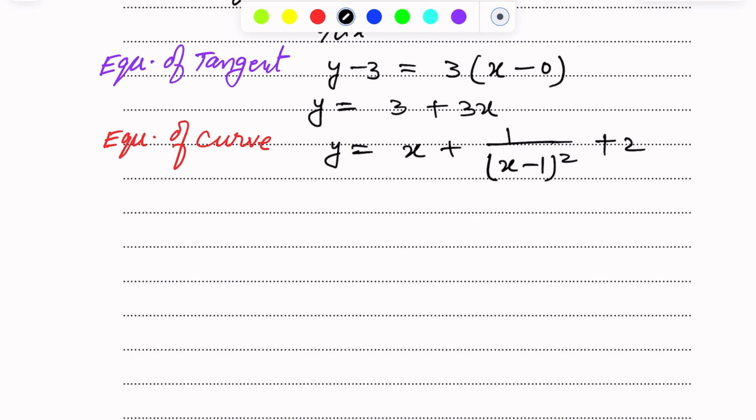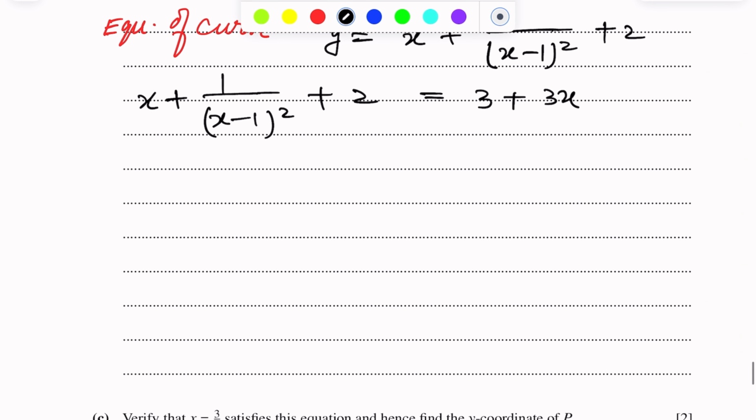We get x plus 1 over (x minus 1) whole square plus 2 is equal to, by substitution method, 3 plus 3x. Simplifying it, x plus 1 over (x minus 1) whole square minus 3x is equal to 1.